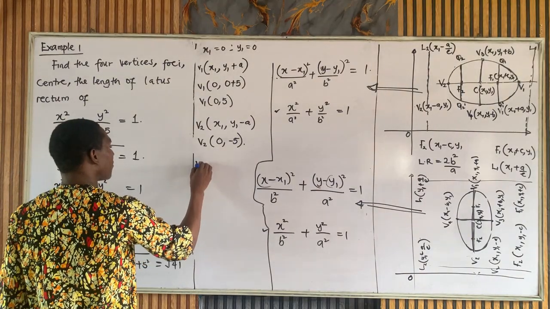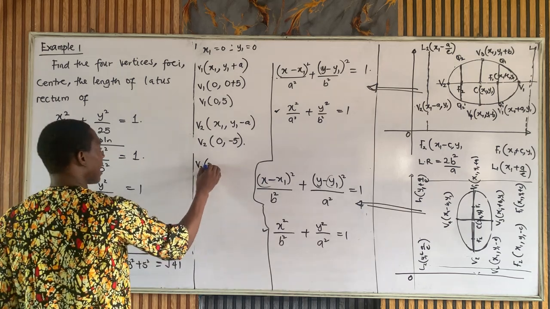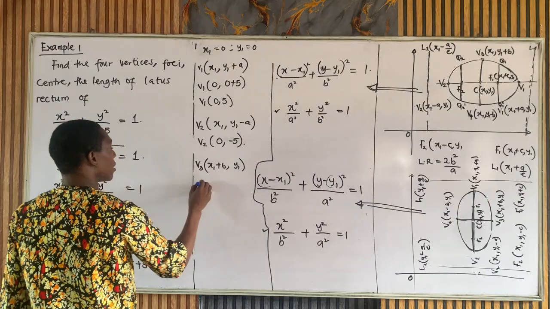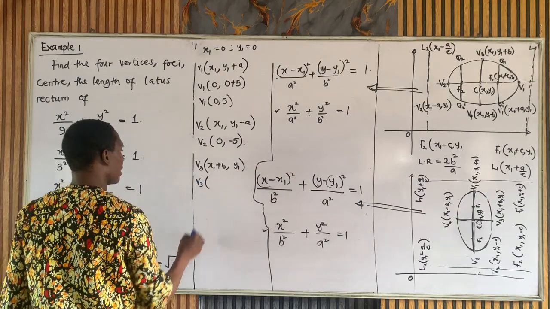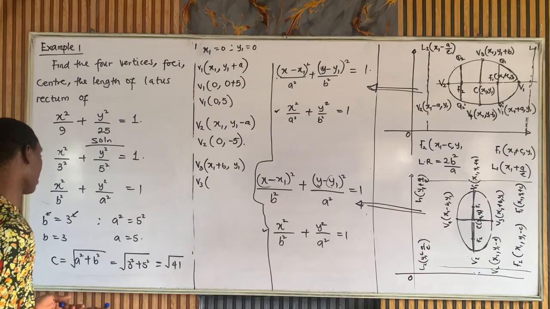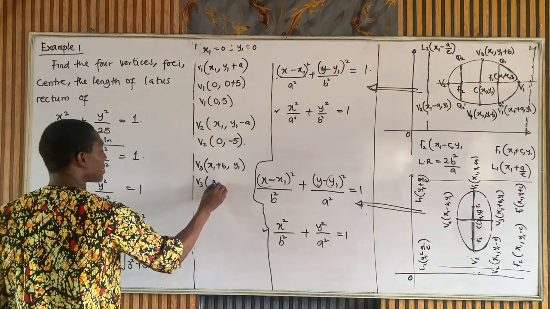Now let's get the other vertices, V3. That's x1 plus b, comma y1. Our x1 is 0, we know that, and y1 is also 0. So V3 is simply b, comma 0. Our b in this case is 3, so that's 3, comma 0.